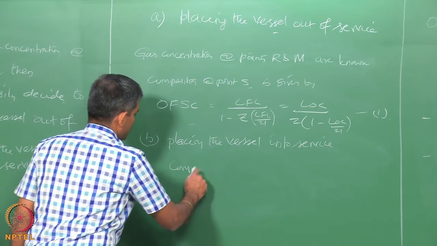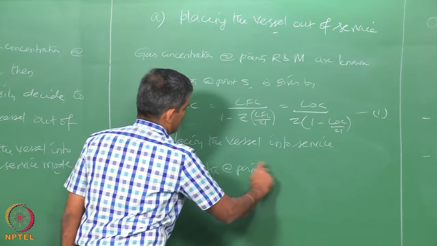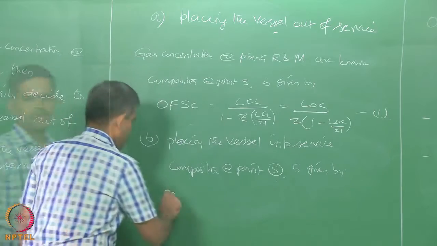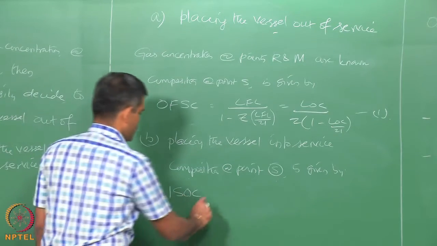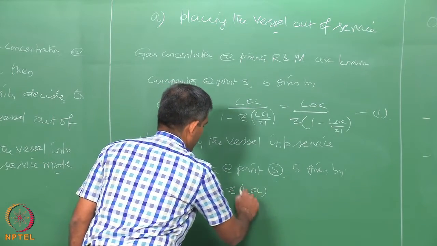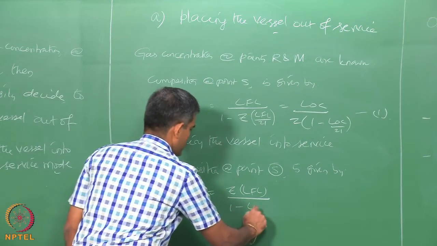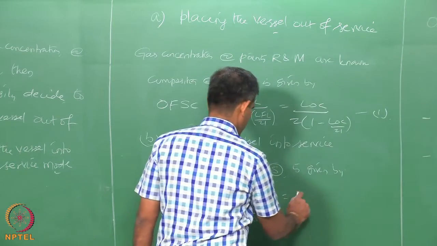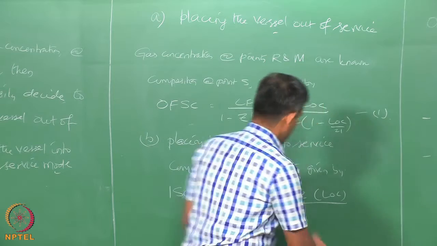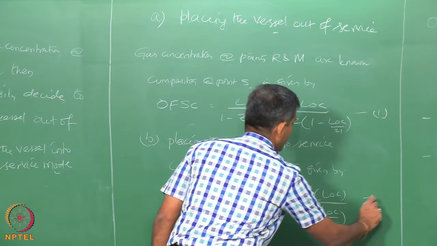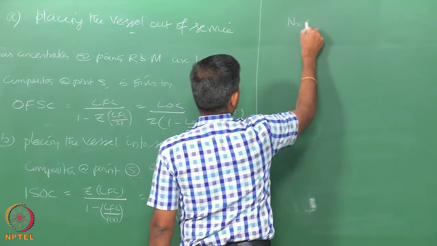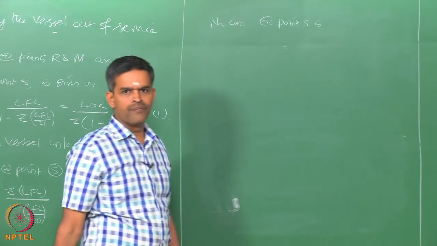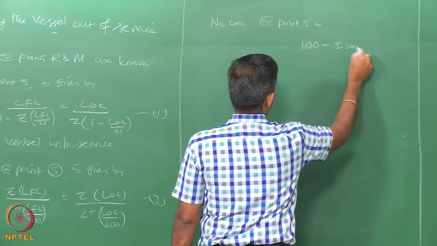So, the composition at point S will now be given by, for the vessel in service, Z into LFL by 1 minus LFL by 100, which is Z into LOC by Z minus LOC by 100, where the nitrogen concentration at the point S is actually equal to 100 minus ISOC, which is what you get from here.